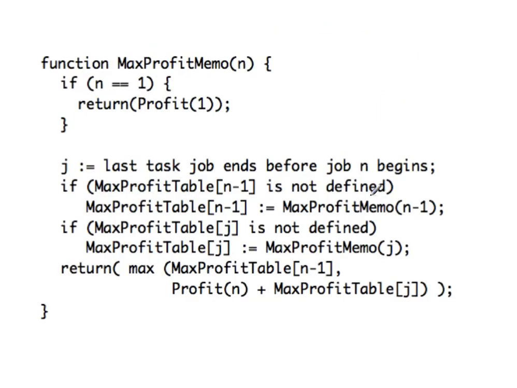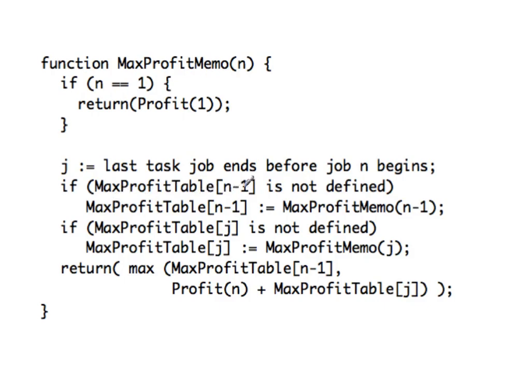So here is the same recursive function written to use a table. So as before, in the base case, we can just directly return the profit 1. On the other hand, if it is not the base case, we compute j as before, which is the last job that ends before job n begins. And now we know that we are going to need the values n-1 and j. So we look up this table, which we are calling max profit table, and we see if the entry for n-1 has been computed before.